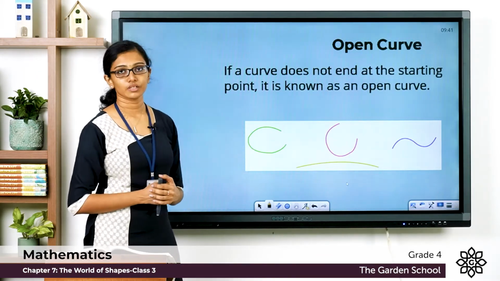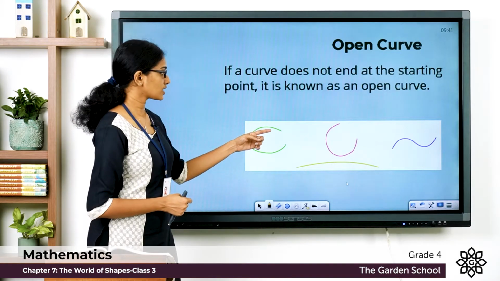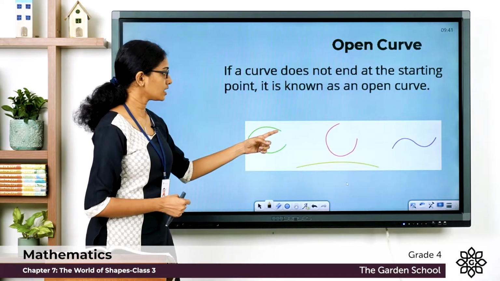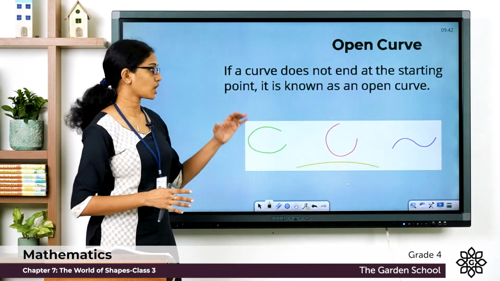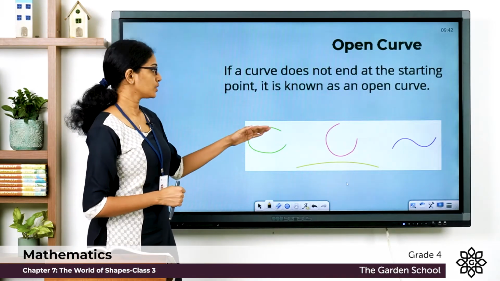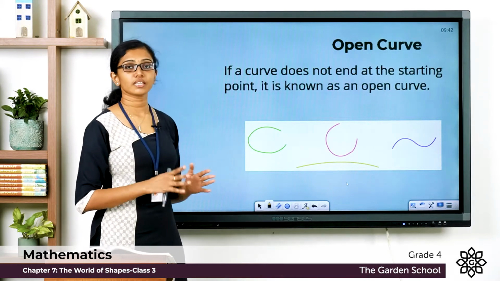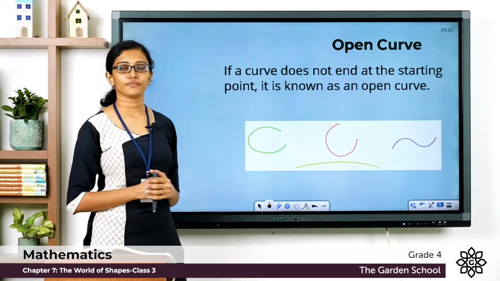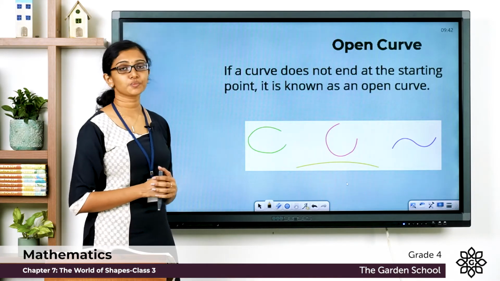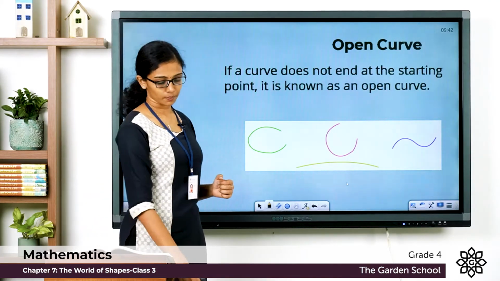See these examples. This curve started either here or here, but it's not coming back to its original position. And since it is not a closed curve, you cannot say that it encloses an area or region within itself. It is an open figure. So that's the difference between a closed curve and an open curve.